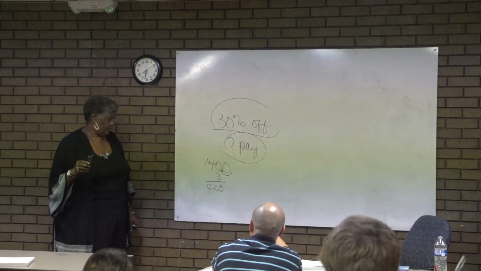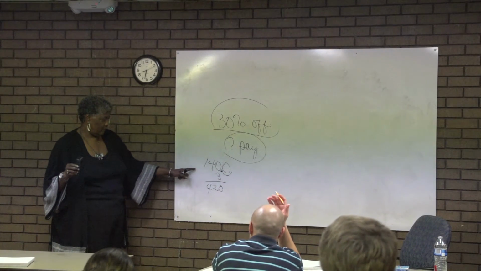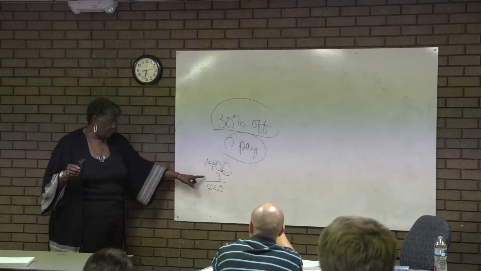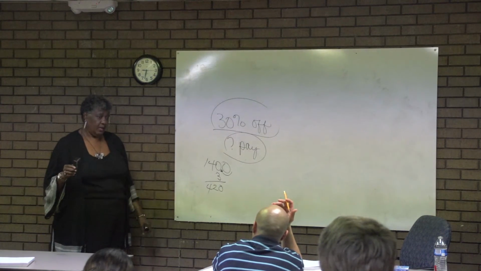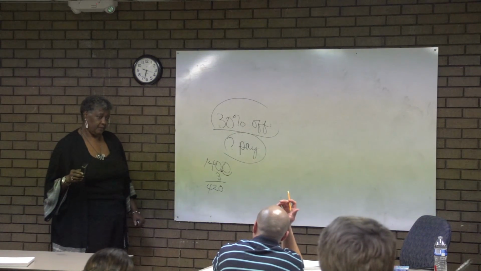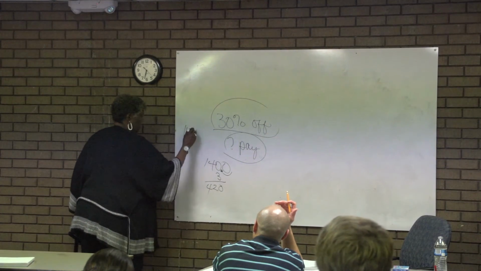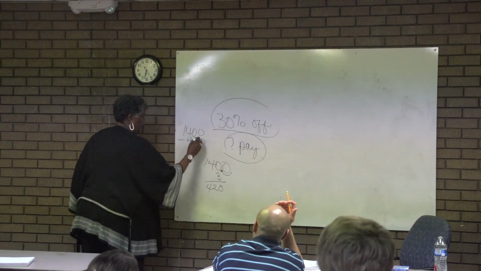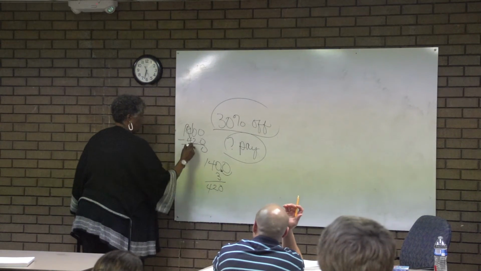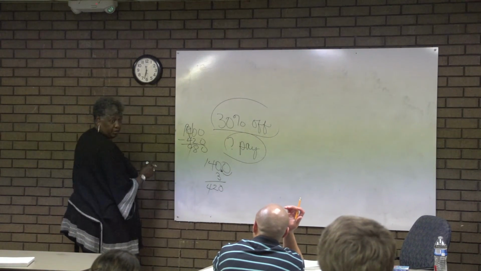So right there, all you would do is subtract 420 from 1,400? Yeah. And that would be what you pay. Okay. Or I could have said, so that's how much you're gonna pay, right?